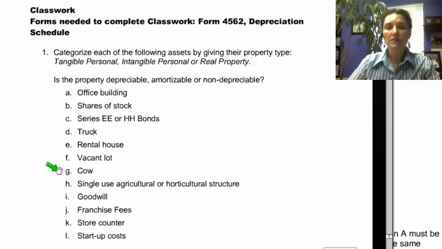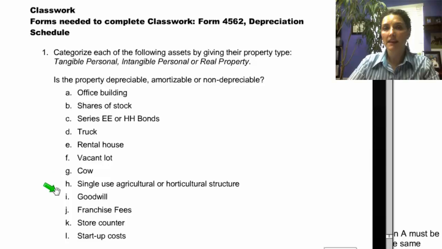A cow, assuming it is, say, a breeding cow or a milk cow used in a farming business, is personal property. It is tangible, and it is depreciable. A single-use agricultural or horticultural structure is tangible, personal property that is depreciable.